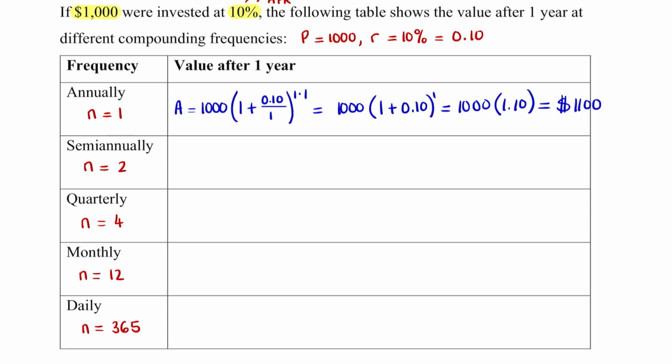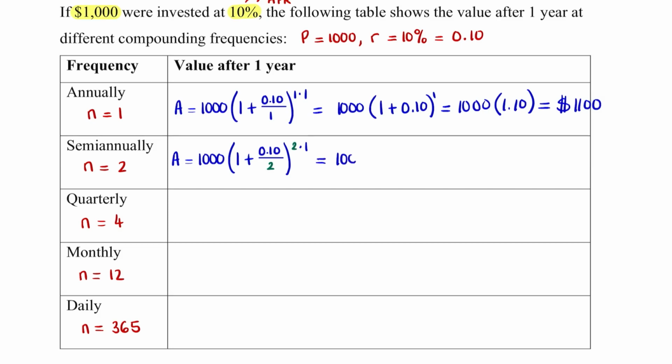Now, when it's compounding semi-annually, I'll replace my N with 2. Everything stays the same except my N is going to be different. My P is still 1,000. My R is still 0.10. My T is still 1. My N is now 2. So let's simplify this.